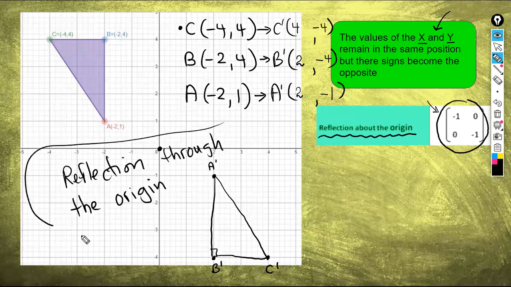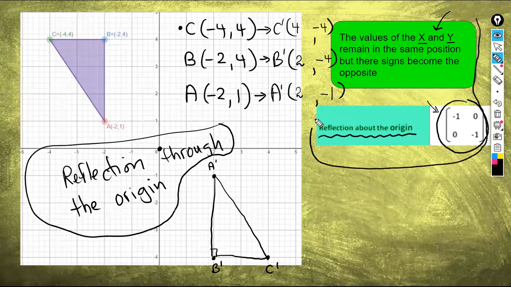And there are two ways to do a reflection through the origin. You can use the matrix, or you can use the simple set of instructions in bright green. So everyone take down everything I circle. To the top of your page, you put in reflection through the origin and the two methods you could use.